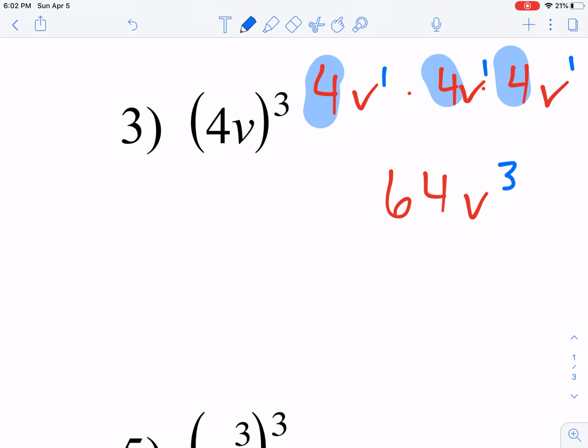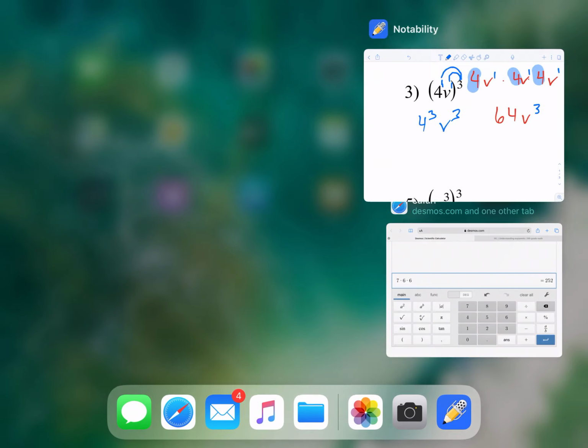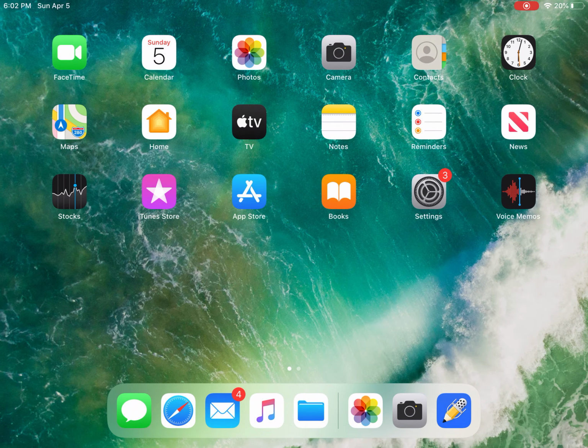Well, the 4 has an exponent of 1. The v has an exponent of 1. If I take the 3 and multiply it by each one of those exponents, I could get 4 to the third and v to the third. I can go to my calculator and I can see that 4 to the third is 64, okay?